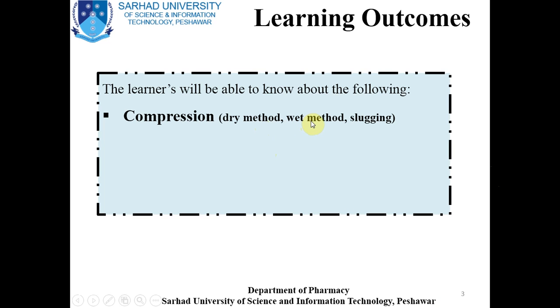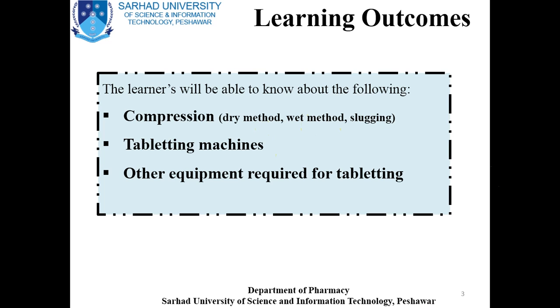The second one is the wet granulation method, and the third one is also termed slugging. And the various types of machines like single punch compression machine and multi-press compression machines, and certain other equipment used for the tableting, and the various problems involved in the processing of tablets.